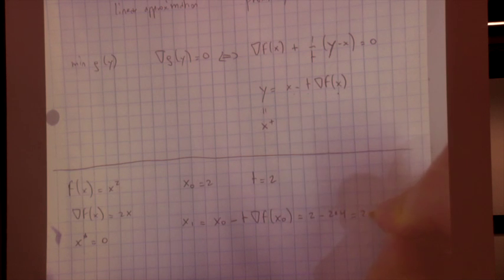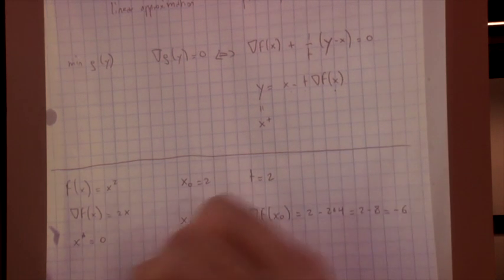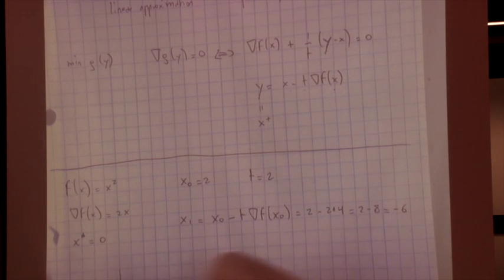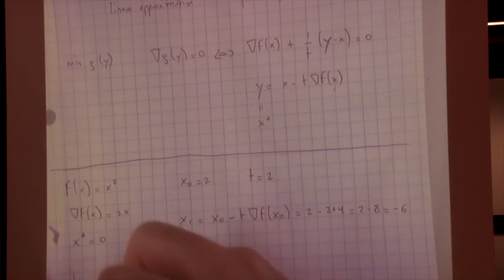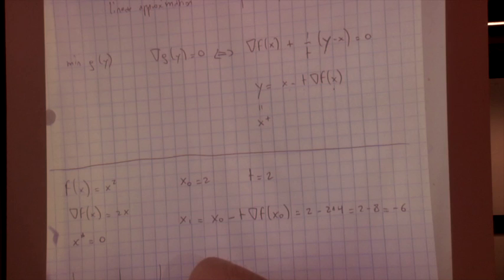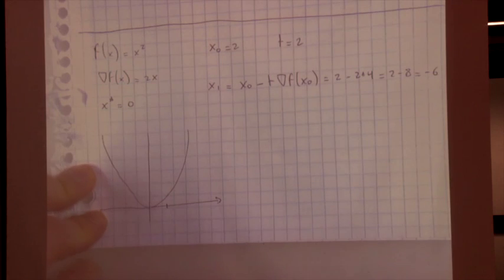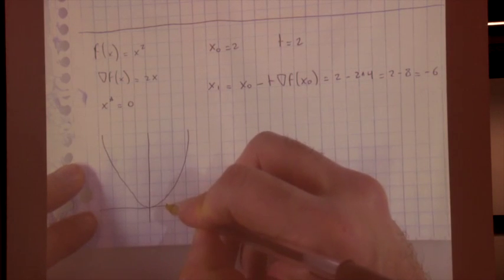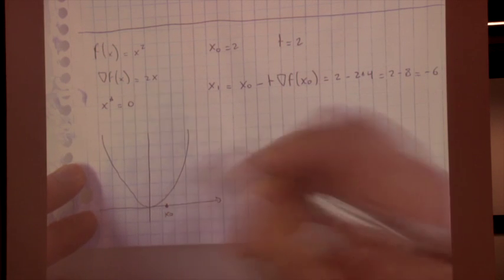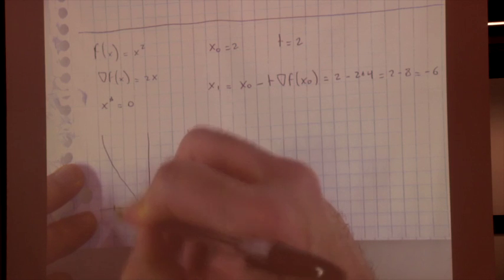So this is 2 minus 8 equals minus 6. So let me just plot it here. I started at 2, this was my x0, and my first iteration took me to minus 6.